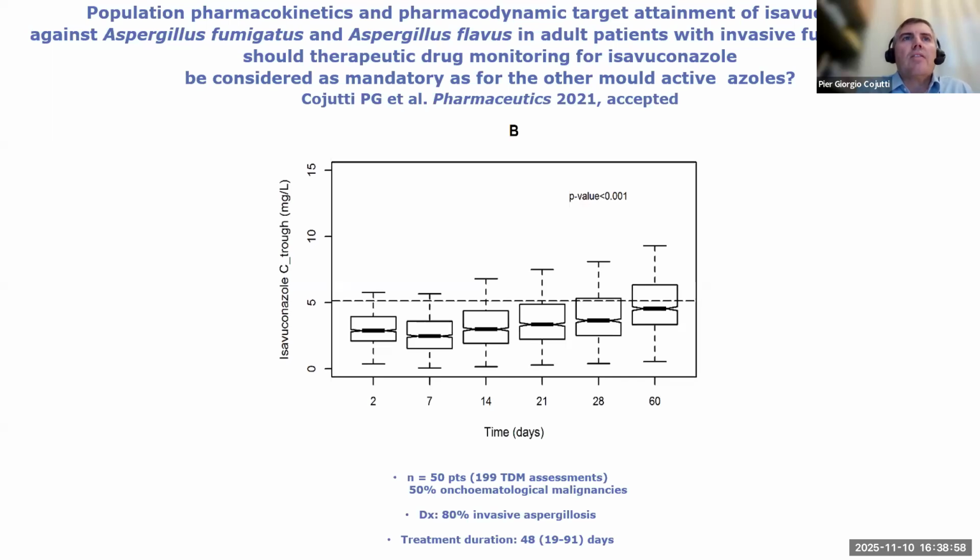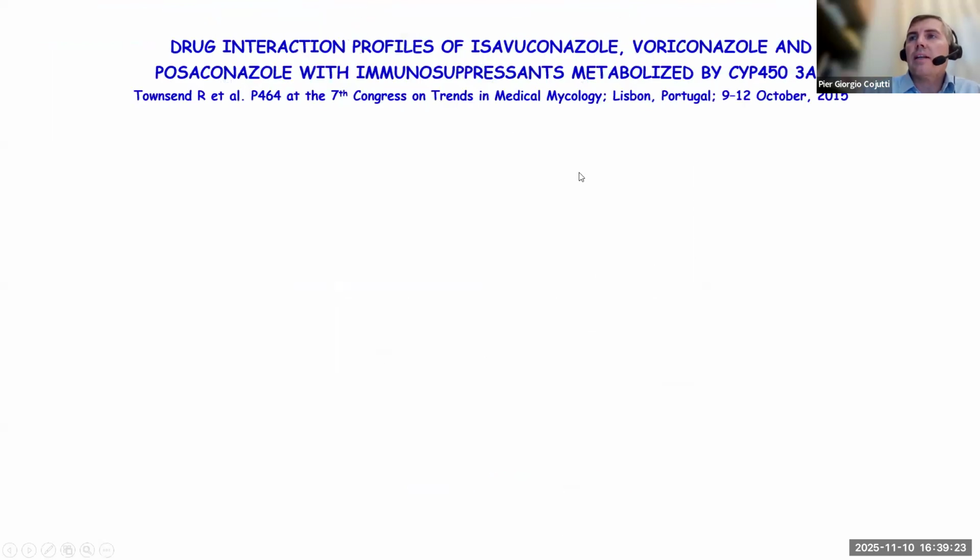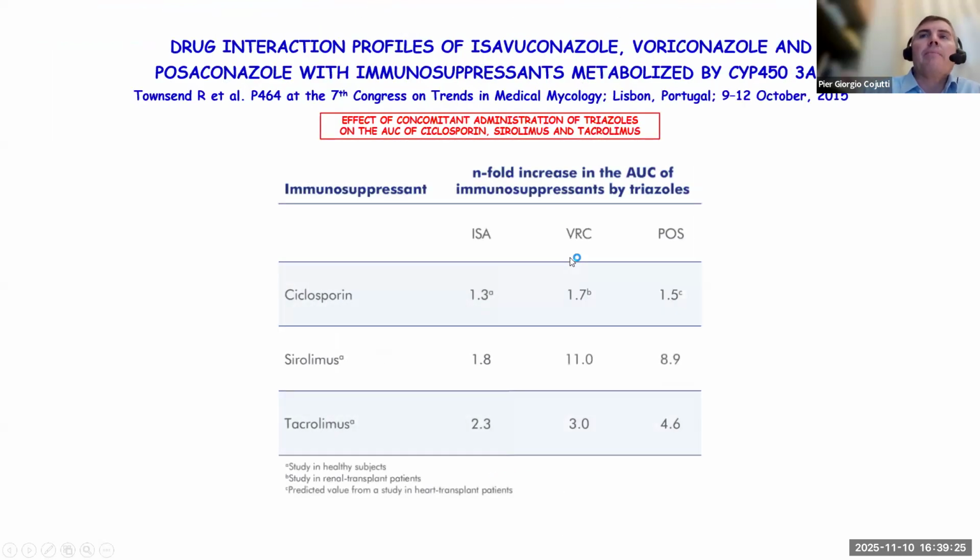Here in this graph, you can see median isavuconazole concentrations that are all above the threshold of efficacy, which is 1, and more than 90% below the supposed threshold of toxicity, which is 5, associated with some mild gastrointestinal toxic effects. So with isavuconazole, the risk of drug-drug interaction is less compelling.